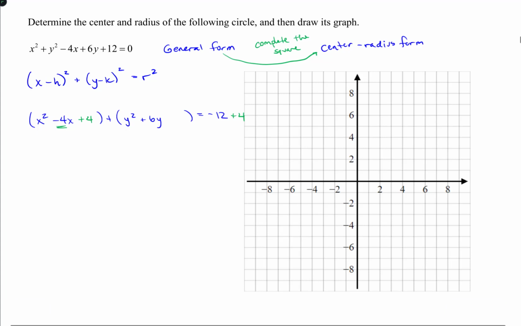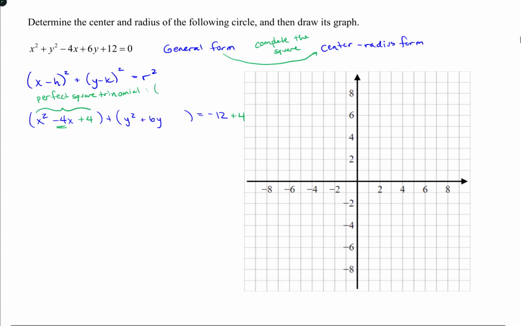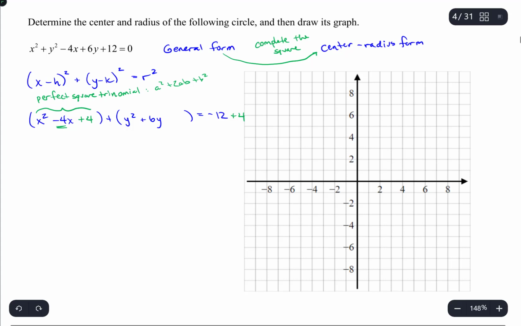And what this makes here is called a perfect square trinomial. And a perfect square trinomial is important because it factors very easily. So a perfect square trinomial, in terms of factoring, is something of the form, suppose I'll write it, a squared plus 2ab plus b squared, which will factor into a plus b quantity squared.